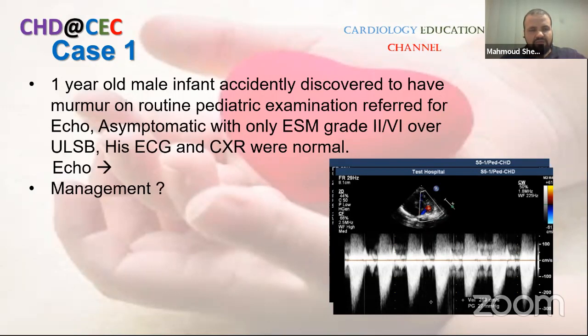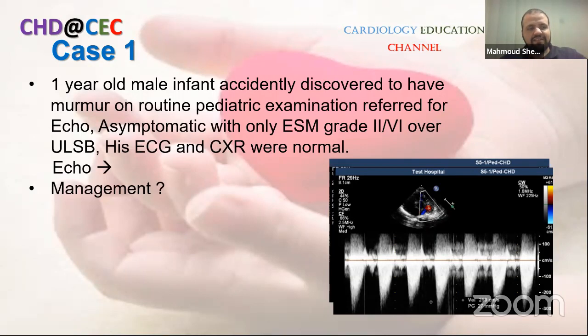But I would like to comment here that this baby is presenting at the age of 1 year. We have a different strategy if the baby presents at 1 or 2 months, in the neonatal period, because we know these babies come with a bit elevated pulmonary vascular resistance and pulmonary arterial pressure.